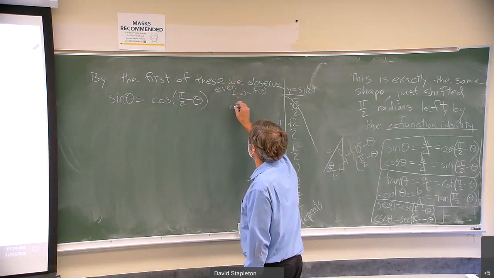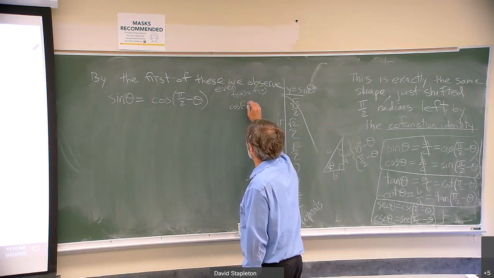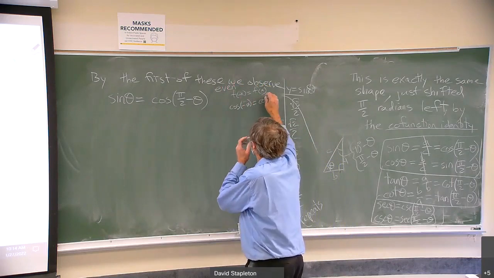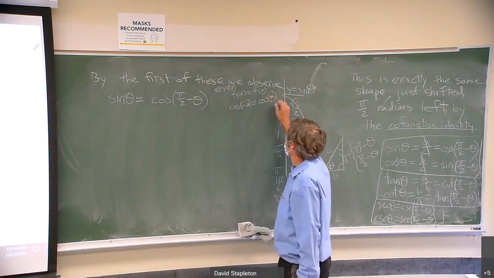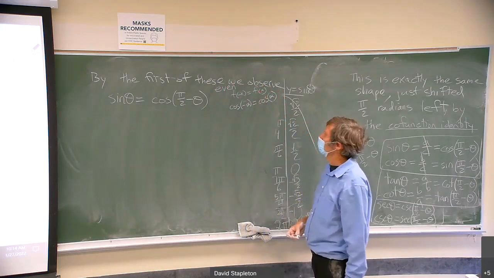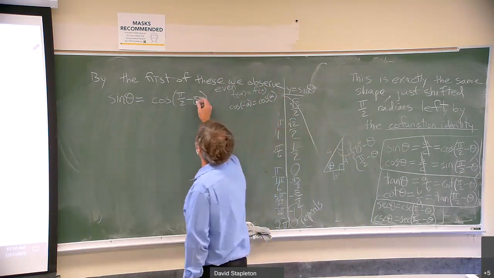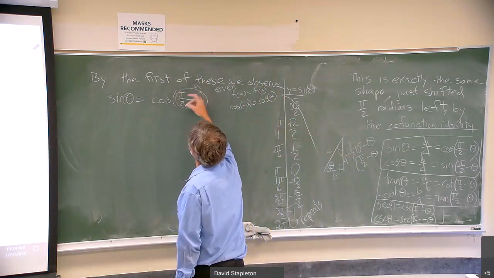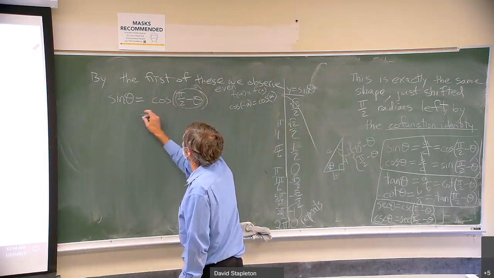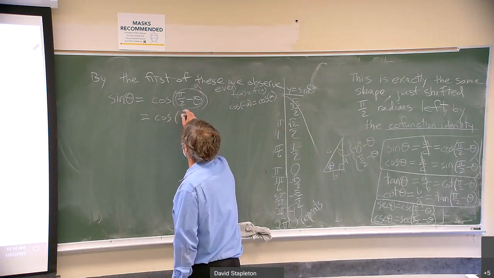Since cosine is even, cosine of minus alpha is equal to cosine of plus alpha, right? Cosine is even like this. That's the even identity. And so if I call this alpha, cosine of pi over 2 minus theta is the same as the cosine of theta minus pi over 2.